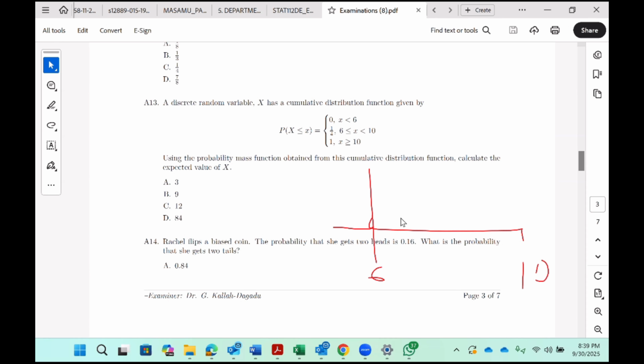Then it jumps to this, which is 1 over 4. Then it jumps and this thing is 1. So this is what I have.